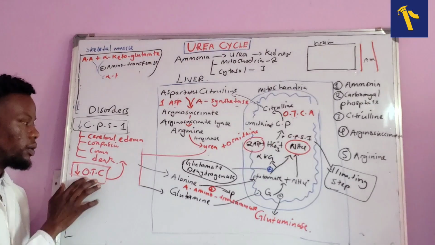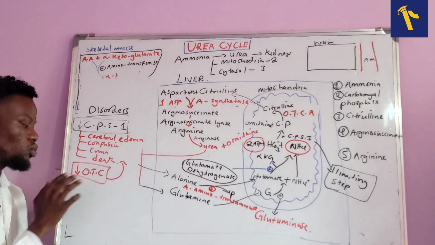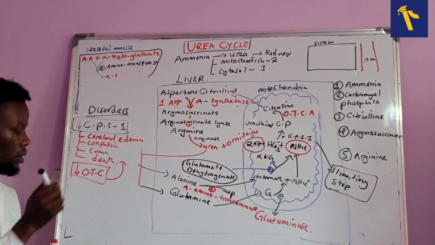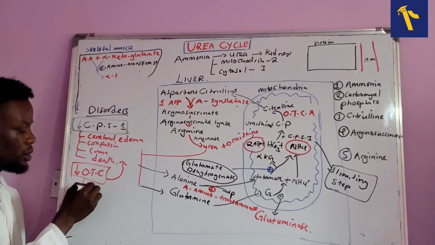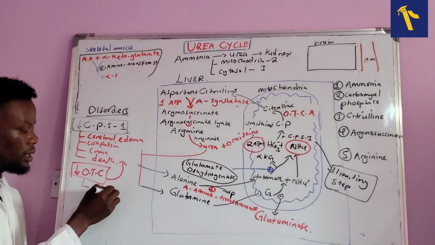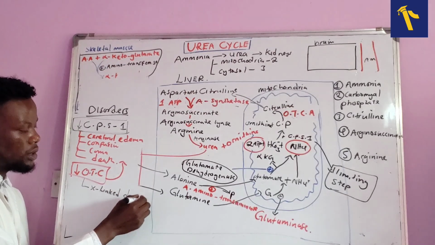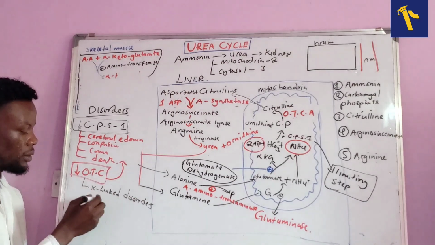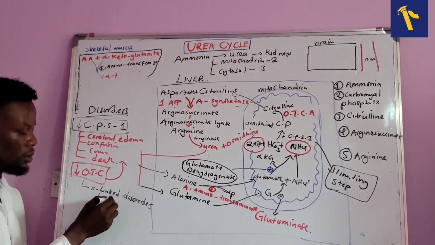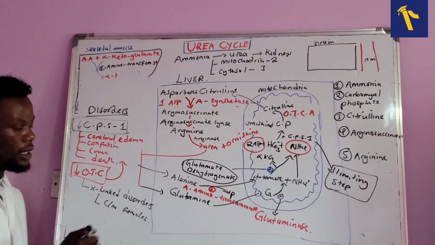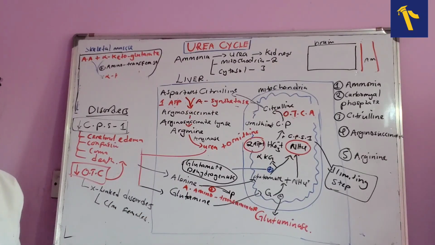All right, but the only difference between the two is that this one, ornithine transcarbamylase deficiency, is an X-linked disorder. Basically, it's common in what? Females. So these are the things that we just have to remember.